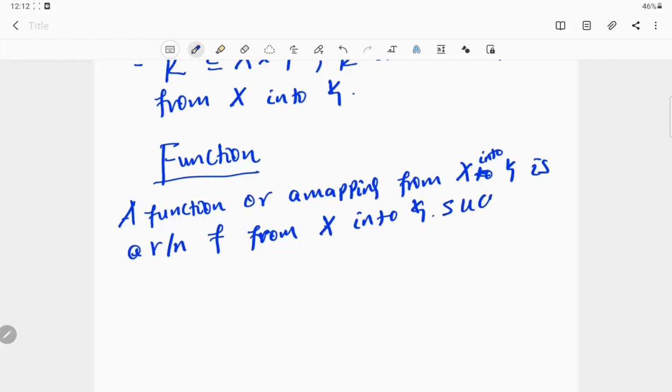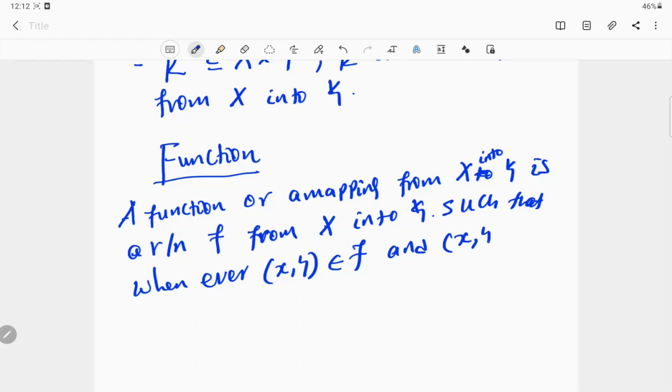such that whenever (x, y) is in F and (x, y1) is in F, then y equals y1.